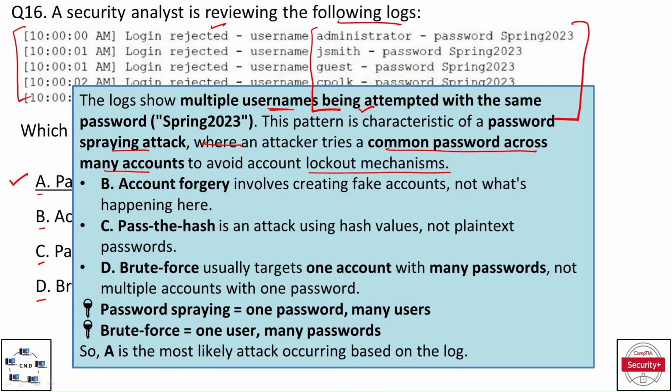Option B, account forgery involves creating fake accounts, not what's happening there. Option C, pass the hash is an attack using hash values, not plain text passwords. And option D, brute force usually targets one account with many passwords, not multiple accounts with one password.